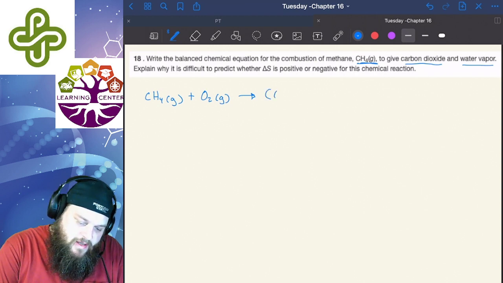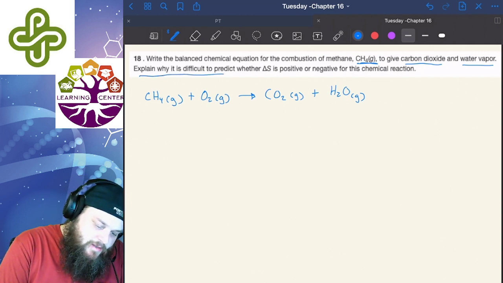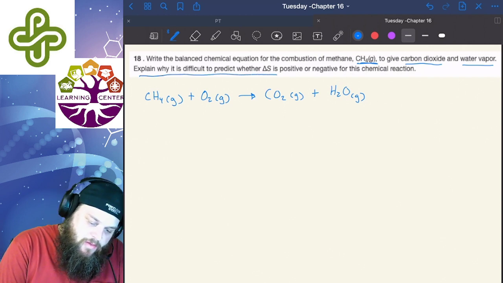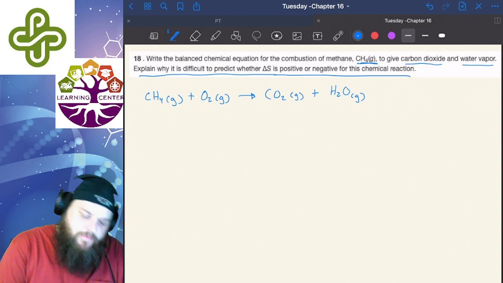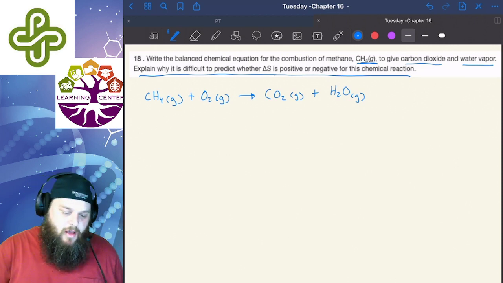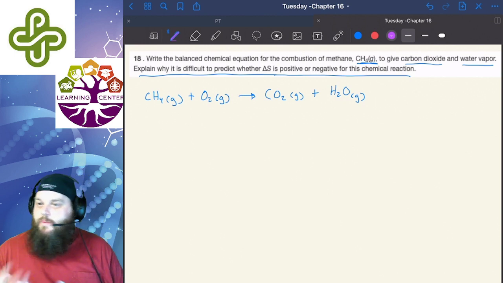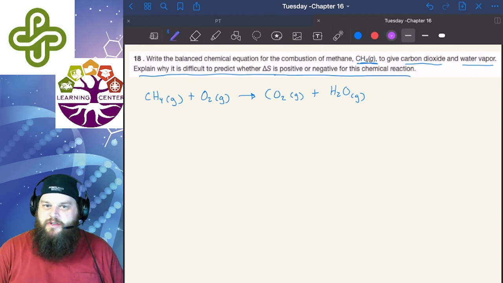So that'll be CO2 gas plus H2O gas. And they want us to explain why it's difficult to predict whether delta S is positive or negative. The difficulty starts to come when we look at the standard things that we look at when we're trying to predict what that entropy change is.